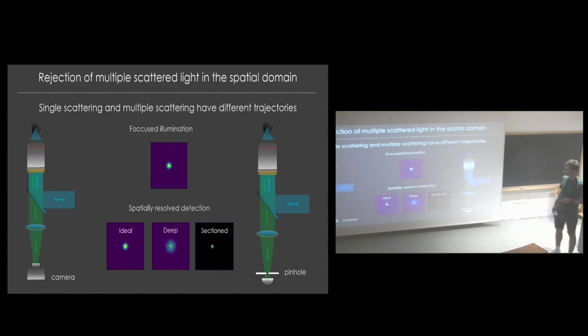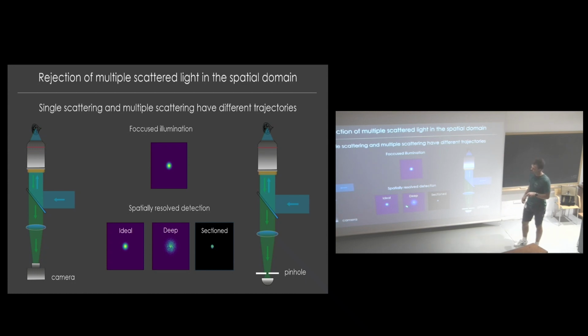The idea is to do some spatial filtering of the detected light. So here, in the epifluorescence conventional microscope, you collect all the light with a camera. And so even if you focused your illumination as the input here, ideally you would like to collect something similar to your excitation.